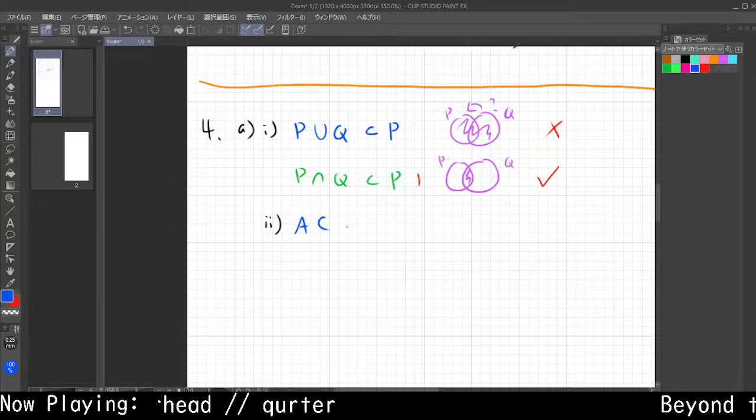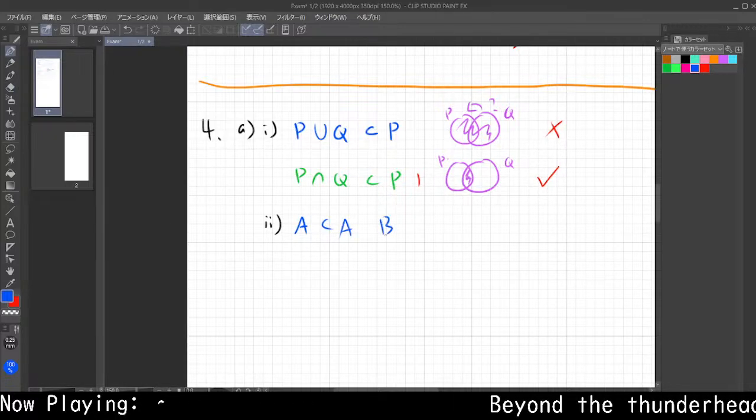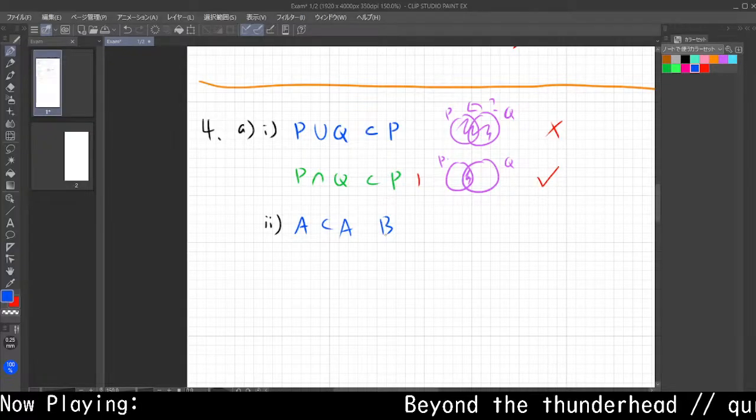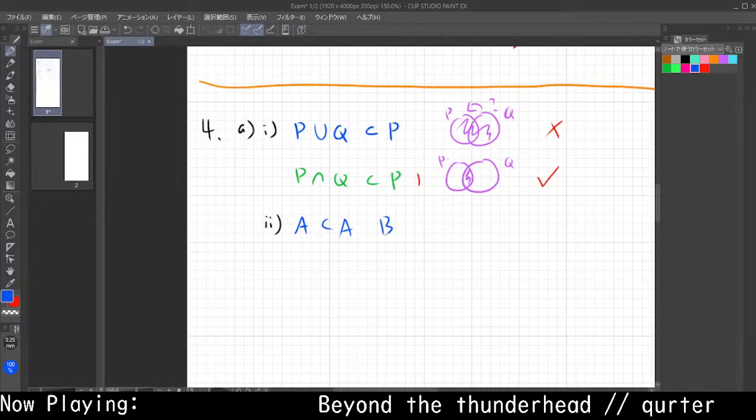A is a subset of something between A and B. A is a subset of something larger.